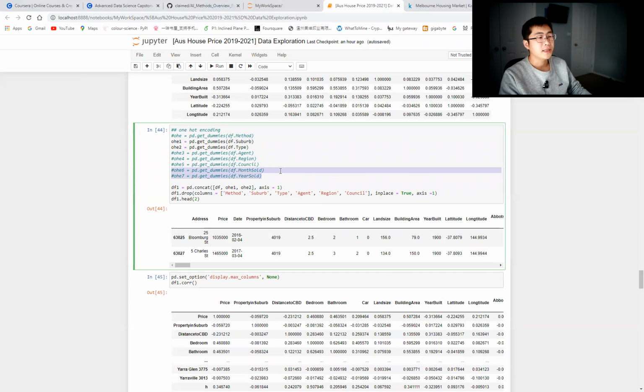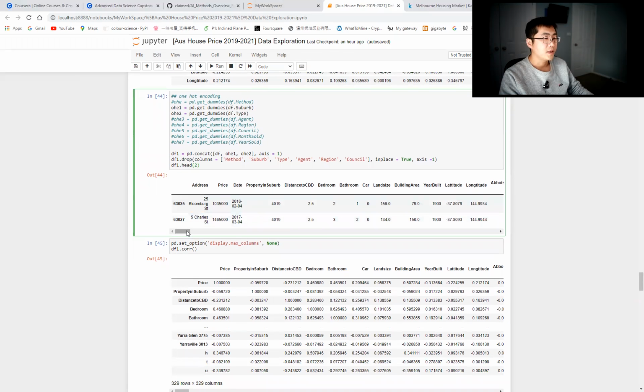Because each property is unique. Each property has a different condition. So it's pretty hard without further information such as ratings of the condition, ratings of the scenery, ratings of the street, ratings of the particular neighborhood, things like that.